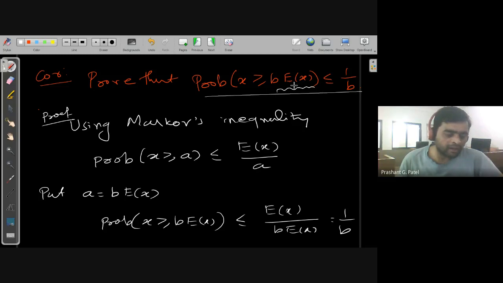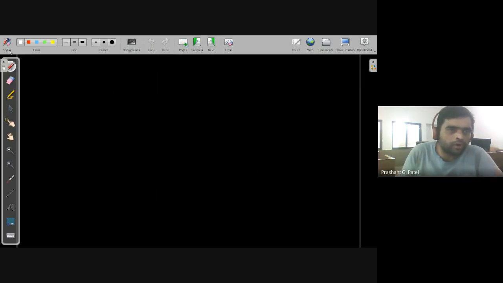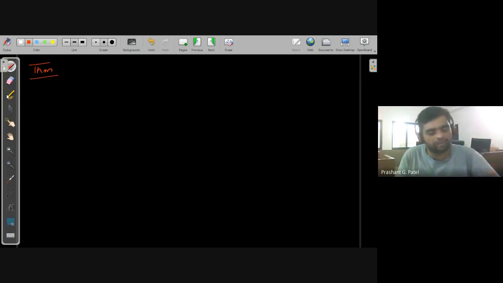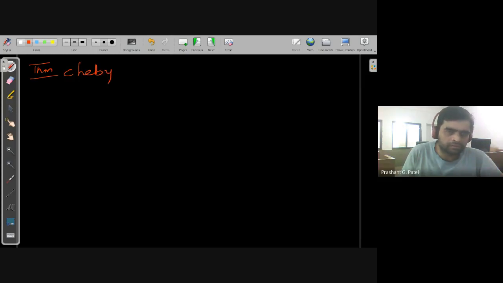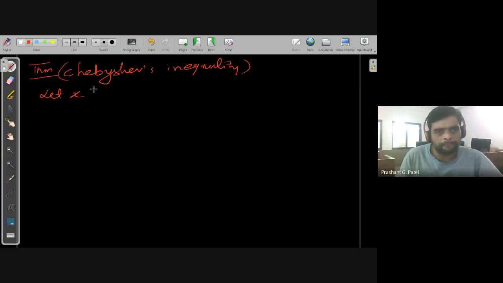Markov's inequality bounds the tail of a distribution using only the information about the mean. A tighter bound can be obtained by using the variance of the random variable. Another important result that we'll use to establish the law of large numbers is the Chebyshev inequality. Let x be a random variable.